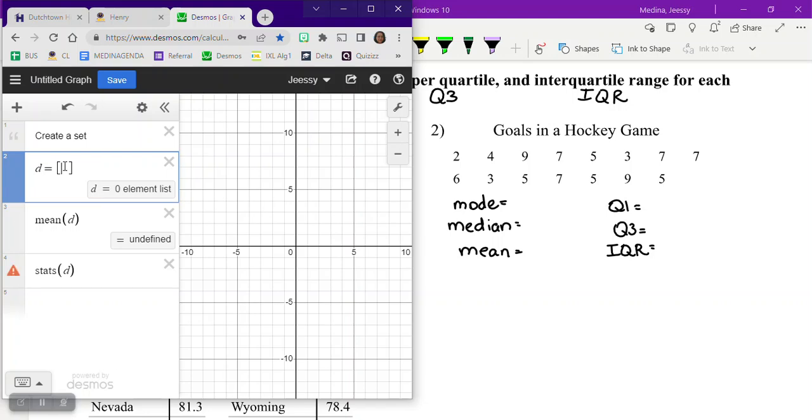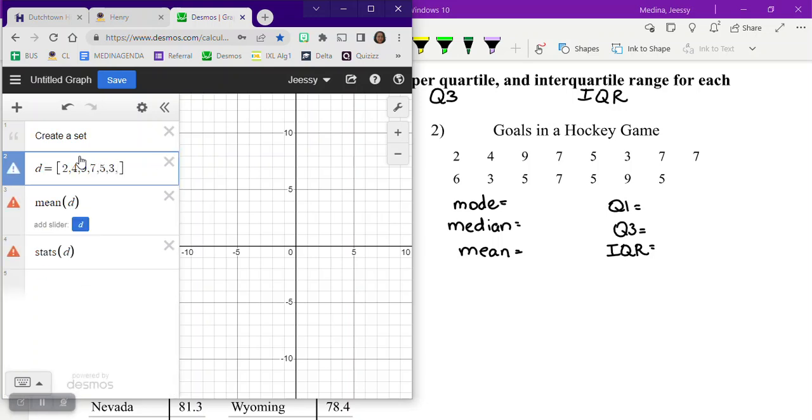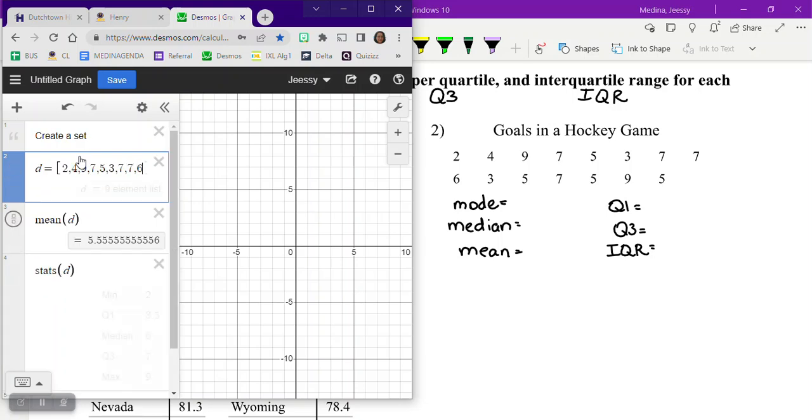Then I'm going to put in the new numbers from my new set. So that's a 2, 4, and a 9. 2, comma, 4, comma, 9. Then it's a 7, a 5, and a 3. Then there's 2 7s. There's a 6, a 3, and a 5.